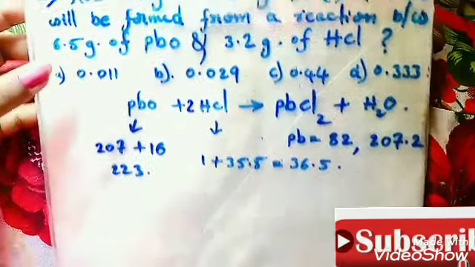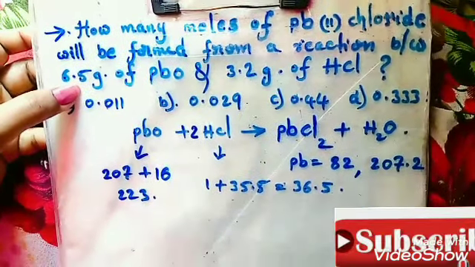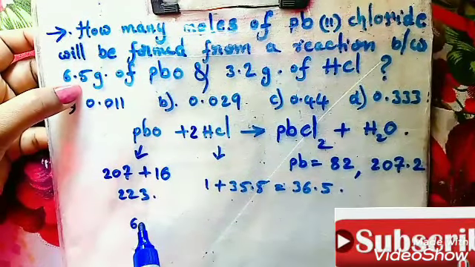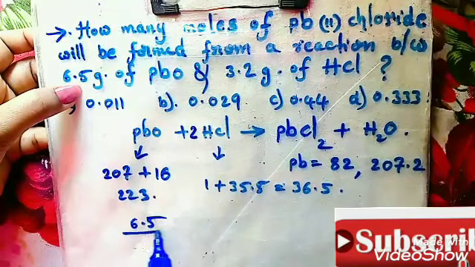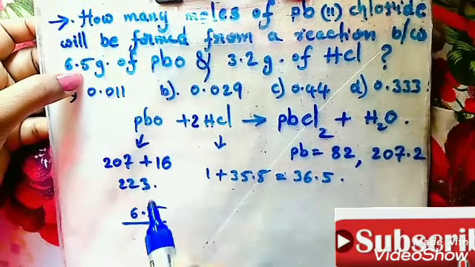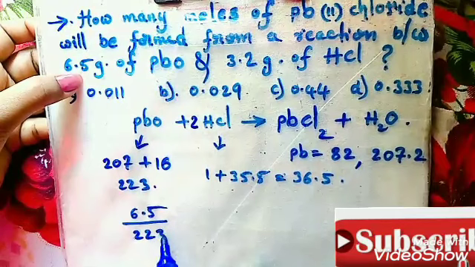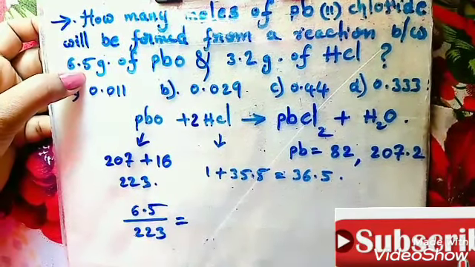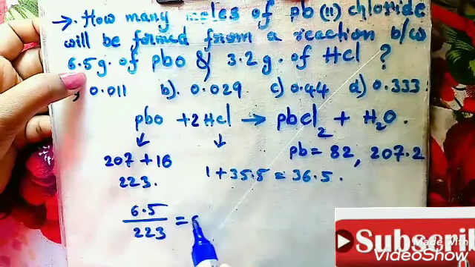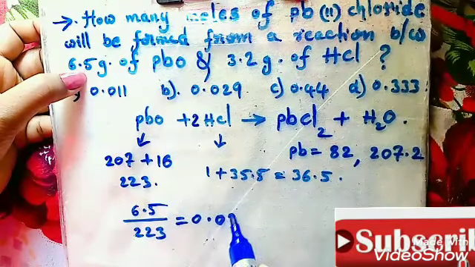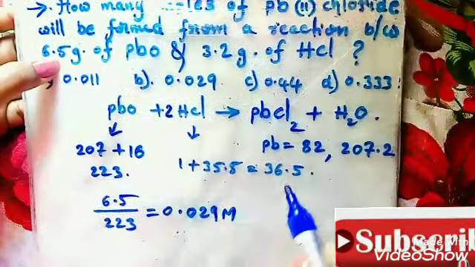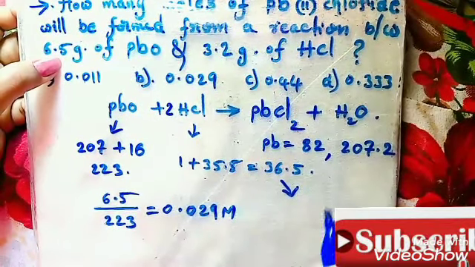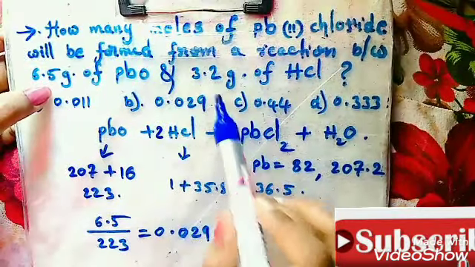They have given in the question 6.5 grams of PbO. For 6.5 grams of PbO, with 223, if you calculate this, it is nearly 0.029 mole. For HCl students, if you do like this, what have they given? 3.2.